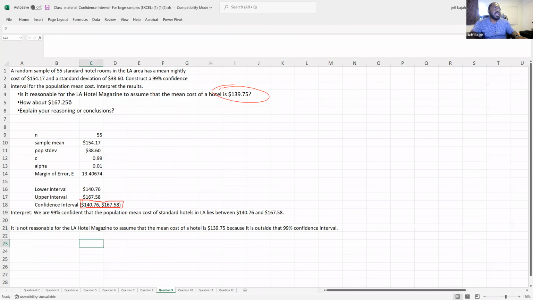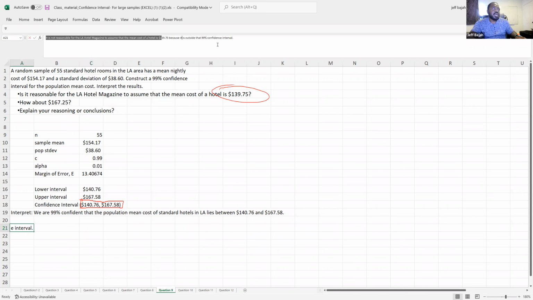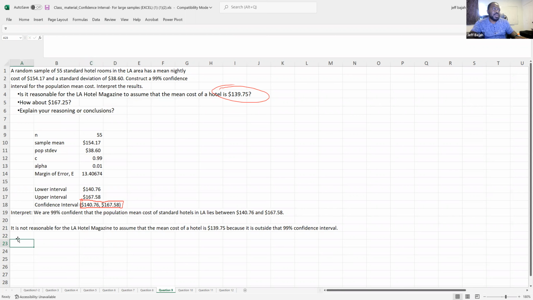But look at the second one. How about 167.25? Yeah, it is, because it ends at 167.58. So yes, here it's the same thing, right? I'm just going to be a little bit lazy here and copy this and paste it here.